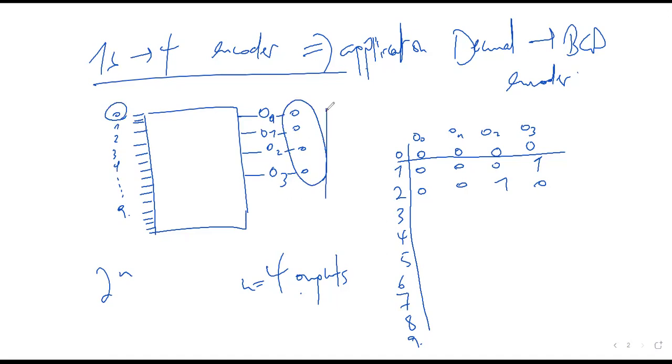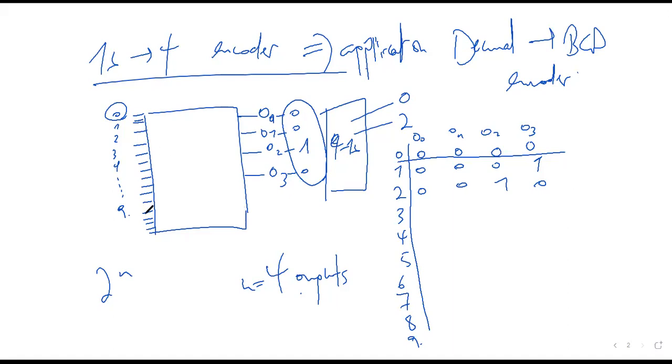If I was to put a decoder here, a 4 to 16 decoder, I will know if a 0, 0, 0, 0 is sent, it means I've sent a 0. If a 0010 is sent and I receive this, it means this is a 2. That's how an encoder can be applied.